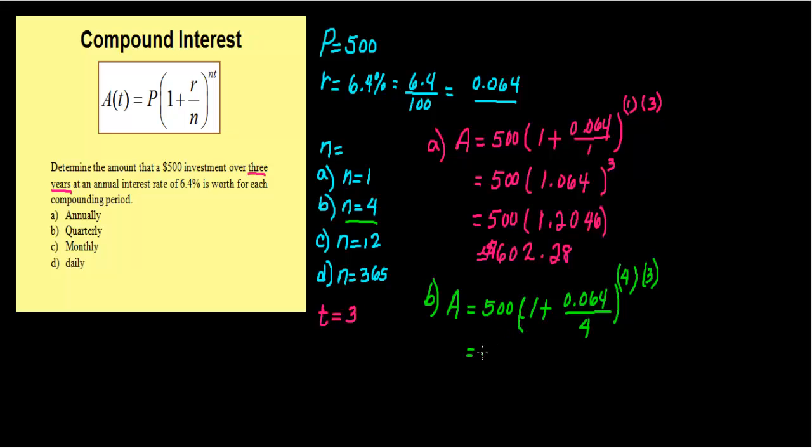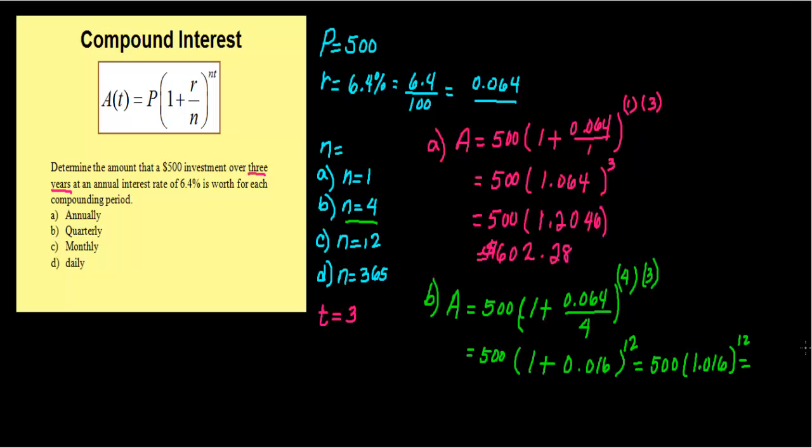And now with your calculator, in this case, before we add these two numbers, I need to divide first, okay? So 0.064 divided by 4, that's going to be 0.016 raised to the 12th power. And that will equal 500 times 1.016 if you add 1, raised to the 12th power.